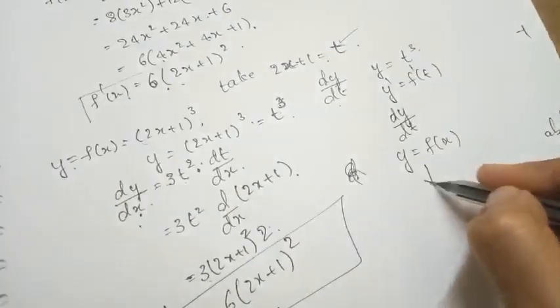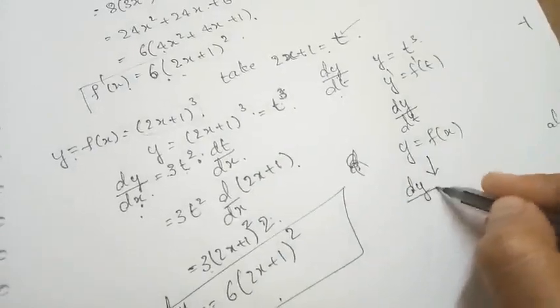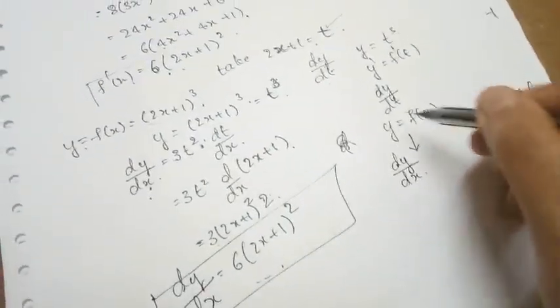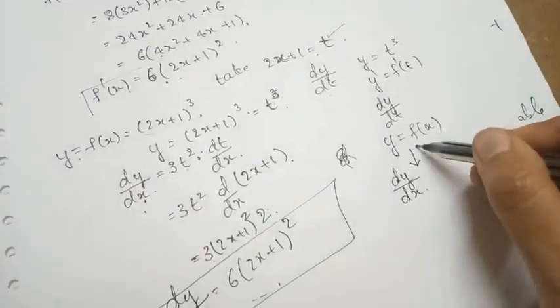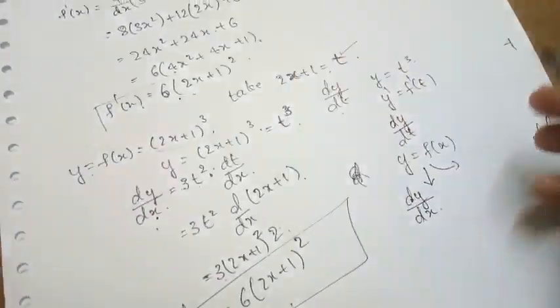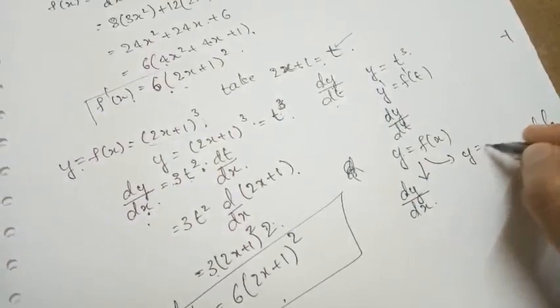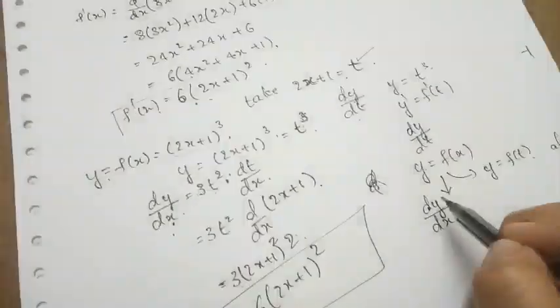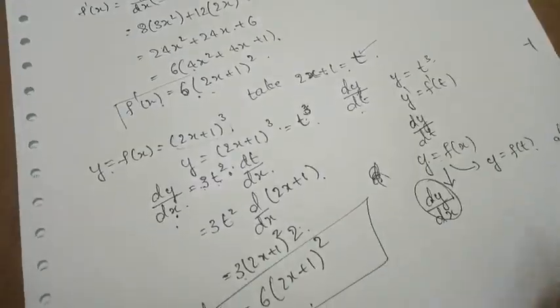We need to find the derivative, which means we are differentiating that function with respect to x. Suppose I split up this function and take another variable and substitute it, so it is in the form of y is equal to f of t, then finally you should get the derivative dy by dx.